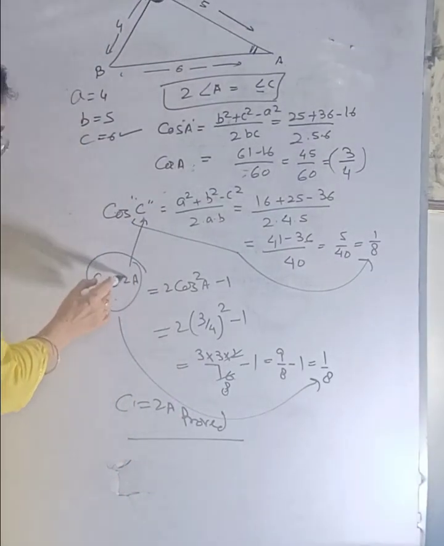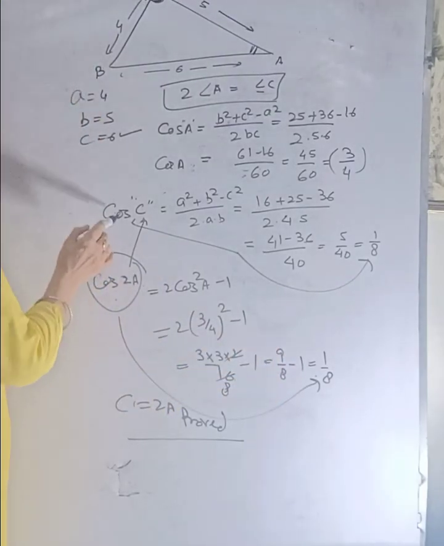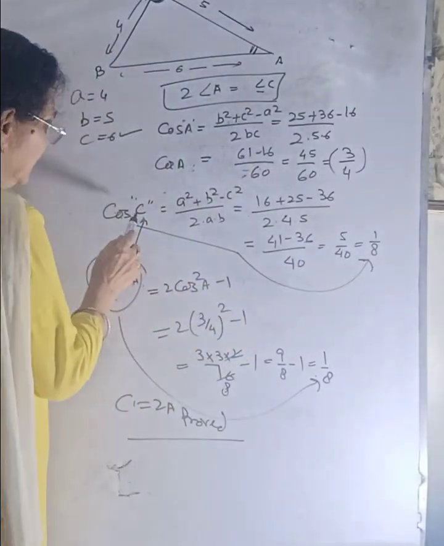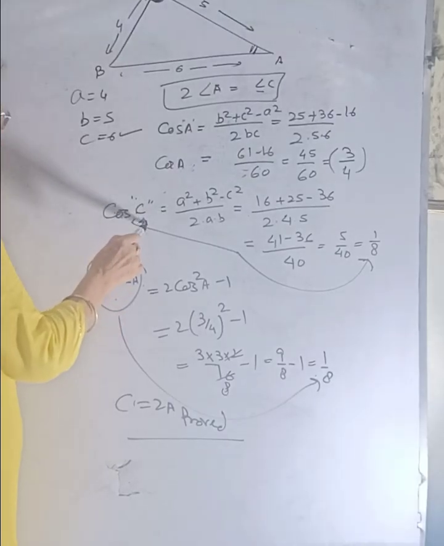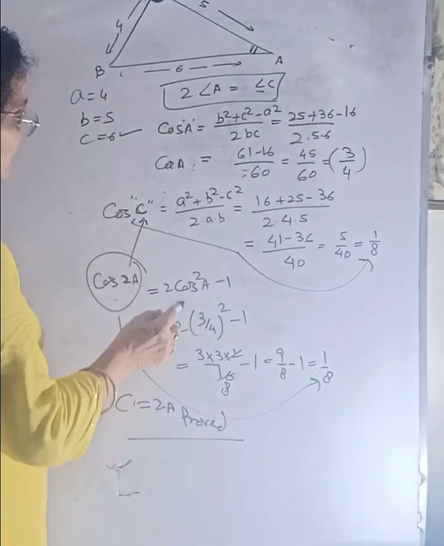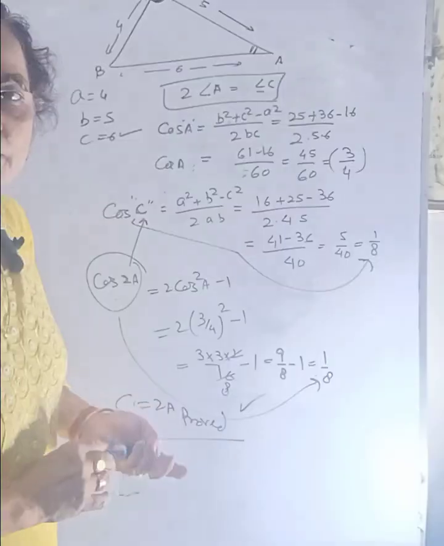Cos of 2A is also equal to 1 by 8 and cos of C is also equal to 1 by 8. It means that twice the smallest angle is equal to the largest one. Okay? This is to be proved. Hence proved.